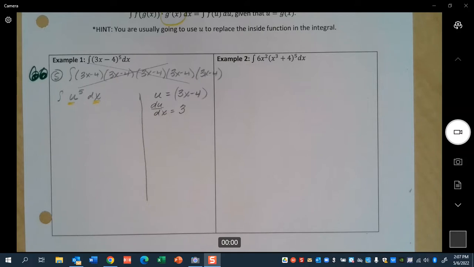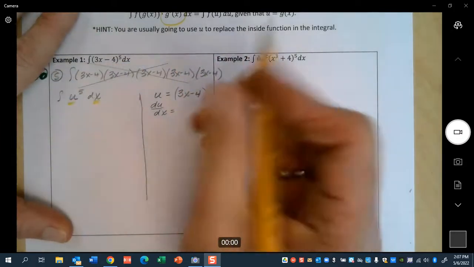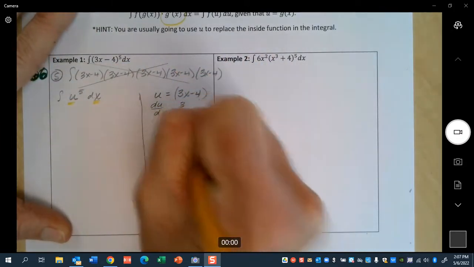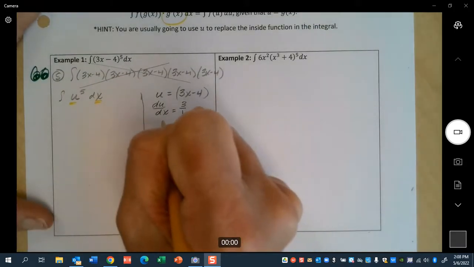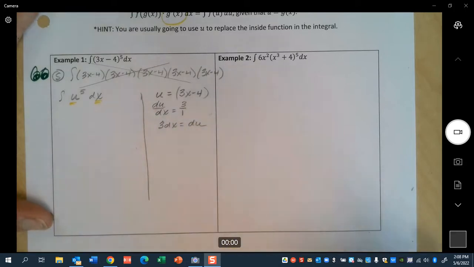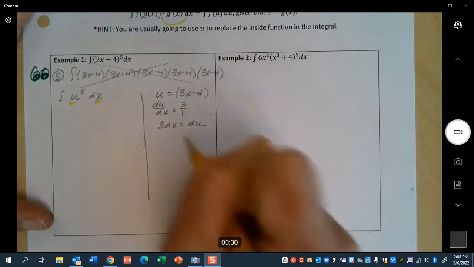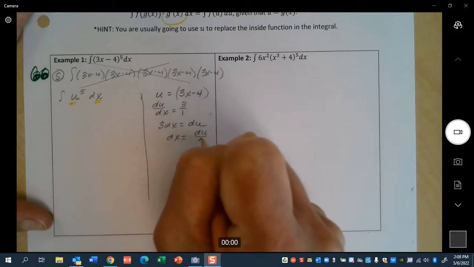So it's like algebra 1 geometry proportions. Depending on how you want to write this and how you think about it as a mathematical thinker, if you want to put 3 over 1, rock on. 3 times dx is equal to du. dx is equal to du divided by 3.